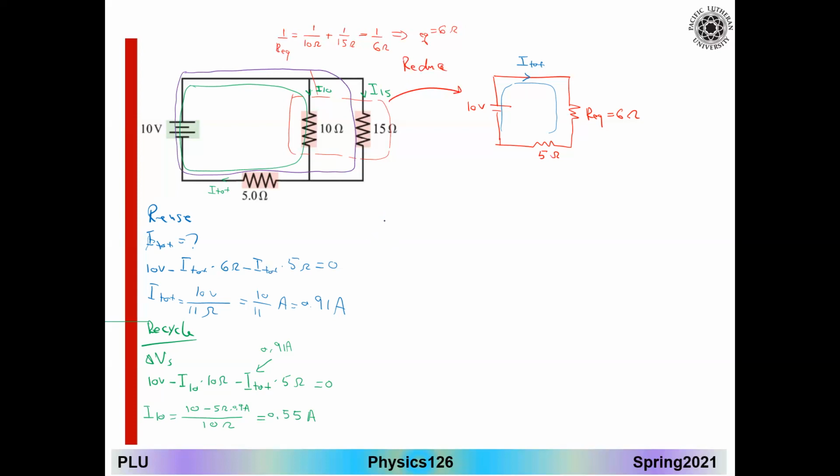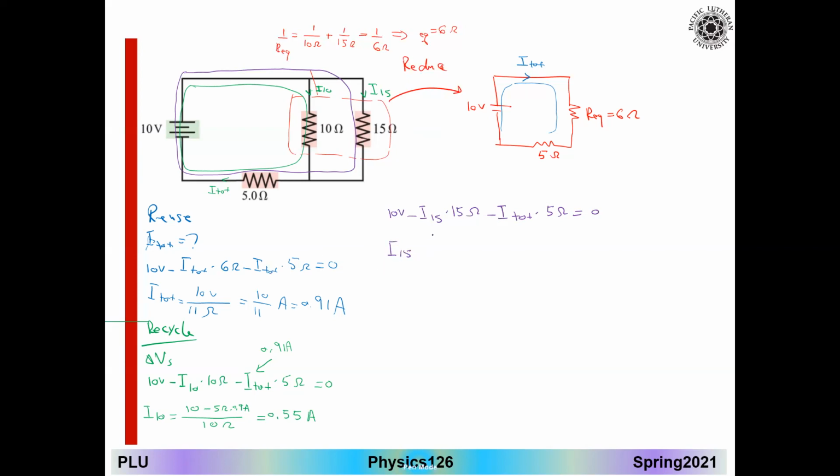So Kirchhoff law again: 10 volt minus I15 times 15 ohms minus I total times 5 ohm equals 0. So from here, I can find I15.